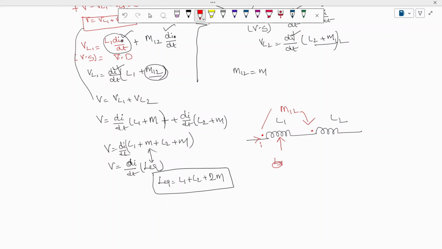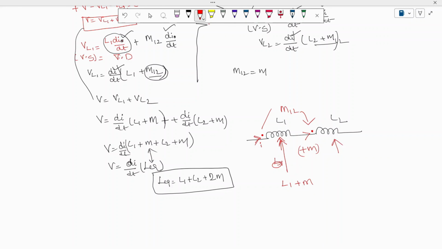You can see the current is entering the coil here, and here also the current is entering the coil, and it is entering towards the dot, so you have to write plus M. So the self inductance is L1, and since the current is entering the dots, plus M.